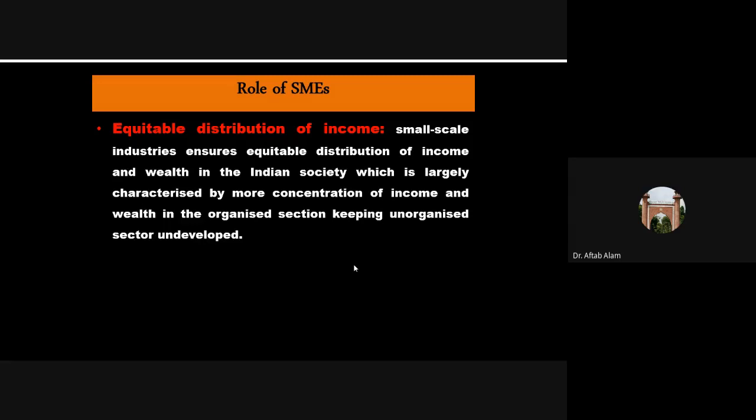So people who are not in the mainstream are also being developed with the help of small and medium enterprises. So the equitable distribution helps remove poverty and remove inequality of income in the society. Okay, so this is the third point on the screen.